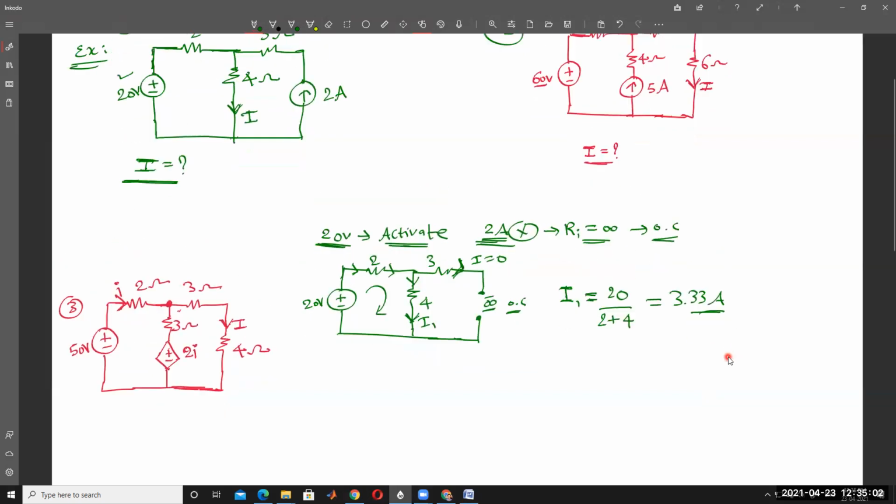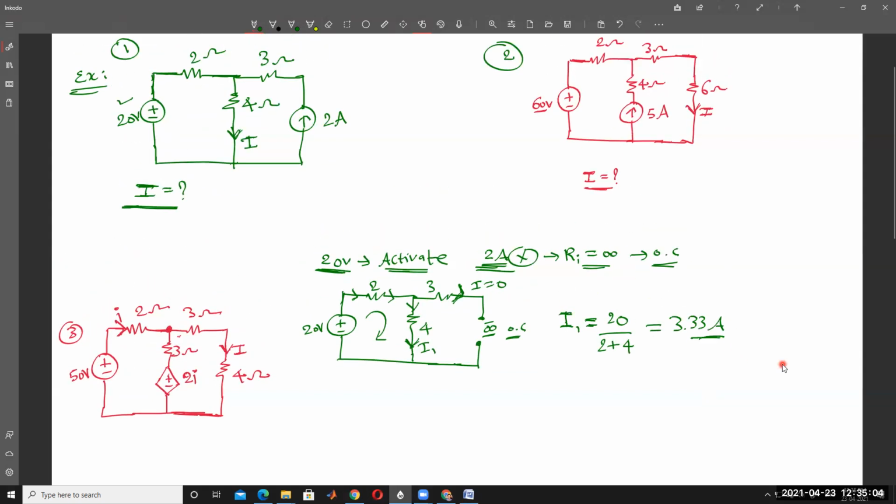Understood? This is the first one. And the second: activate the 2 amps current source and deactivate the 20 volt voltage source.